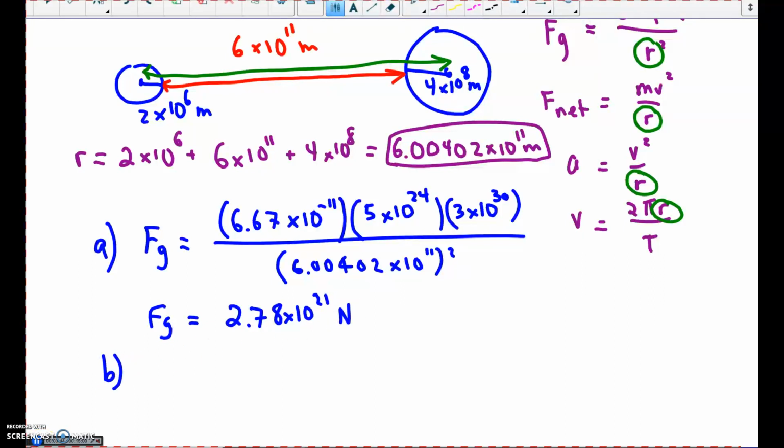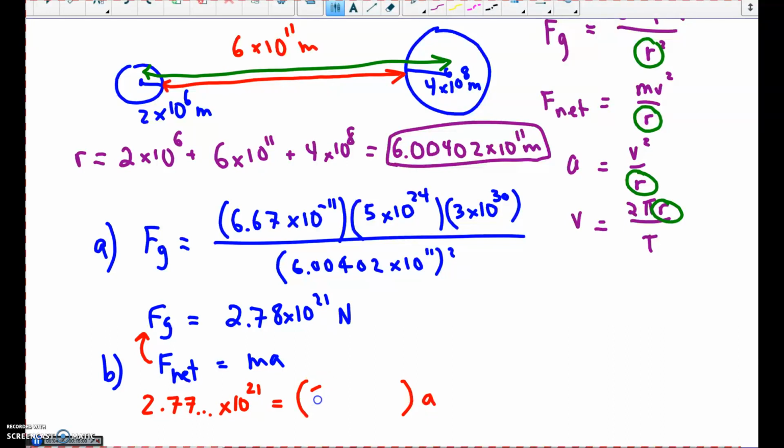Okay, in part B, now that we've found the force, we're asked to find the acceleration. We know net force is mass times acceleration, and when something is in orbit, the only force it feels is gravity. So the net force is that 2.77, but we use the unrounded value that we calculated before. What mass do we use? Well, we're finding the acceleration of the planet, so we have to use the mass of the planet.